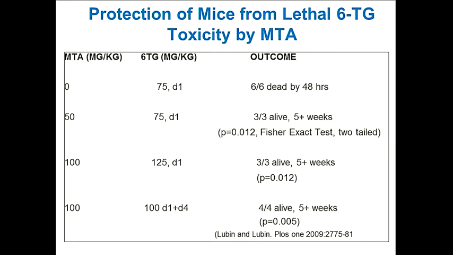And even 2 doses of 6-thioguanine, days 1 and 4, if one precedes this by 100 milligrams per kilogram of methylthioadenosine, the animals are protected from lethal toxicity. So this small experiment shows that not only can you protect from a lethal dose, but you can even protect from super lethal doses of 6-thioguanine toxicity.